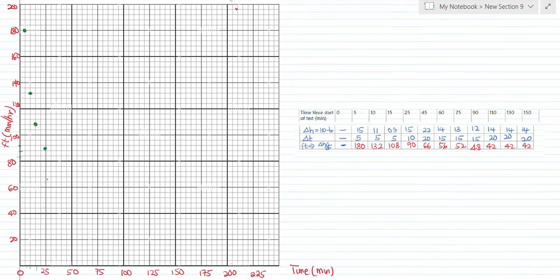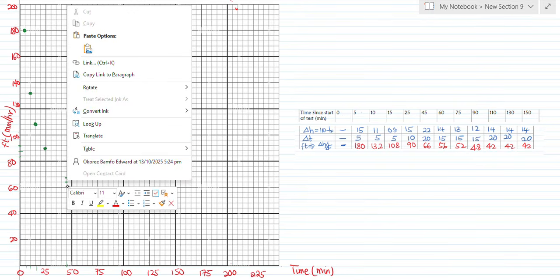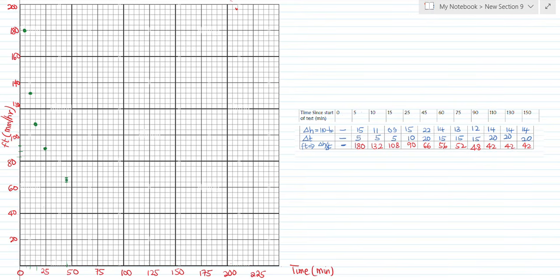Then we go to 45. So 45 will be closer to the 50. And 45 goes with 66. So this is 60, 64, 68. So 66 will be somewhere here.